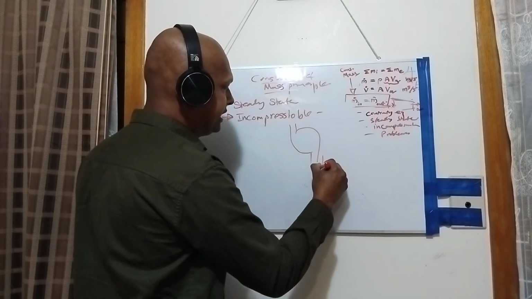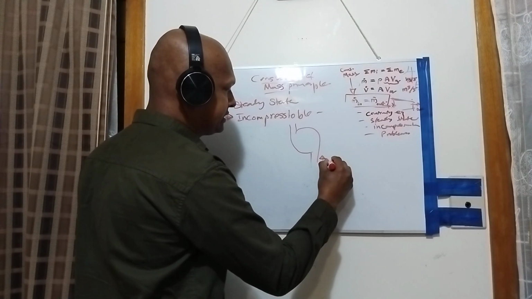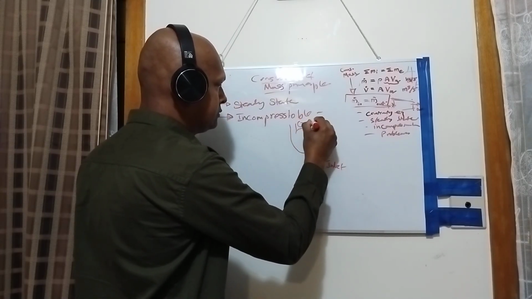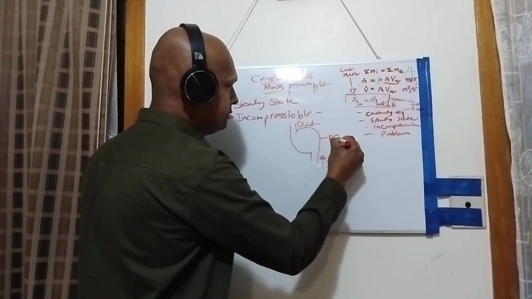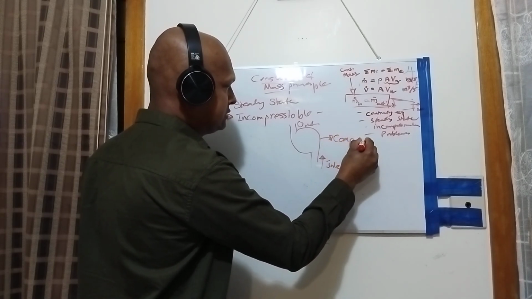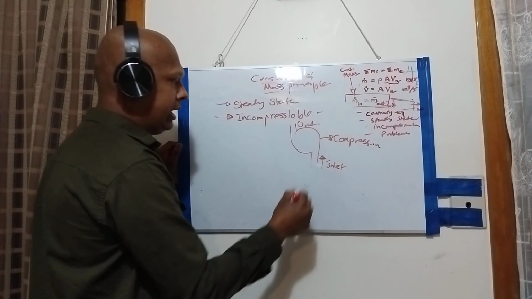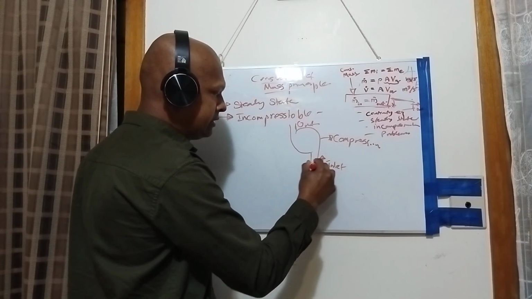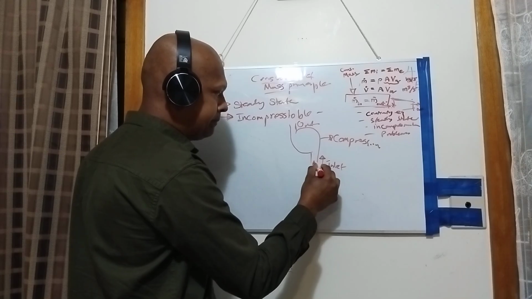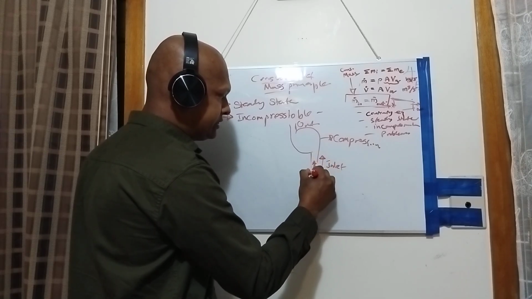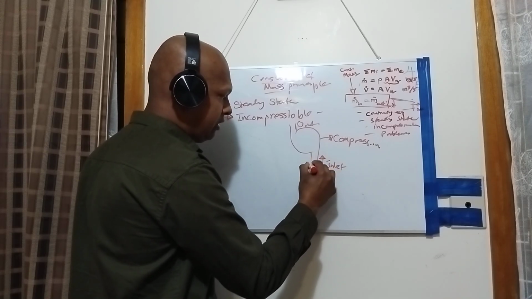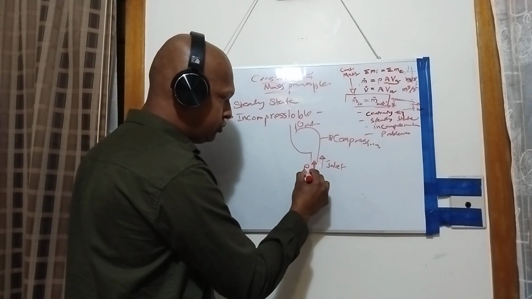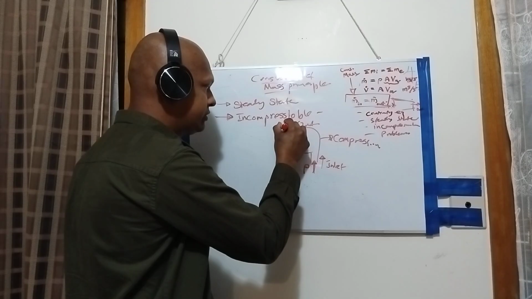In a compressor, air comes in, that's the inlet, and air goes out. So that's the compressor. In a compressor situation, the density of the air coming in will be much lower compared to the density going out.